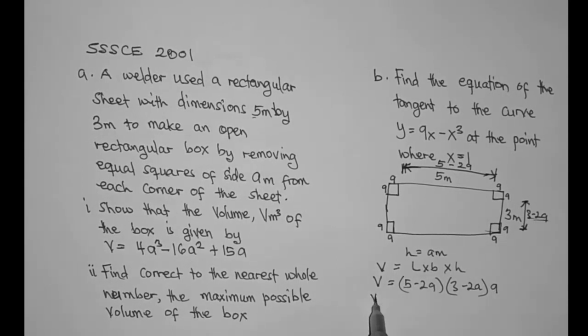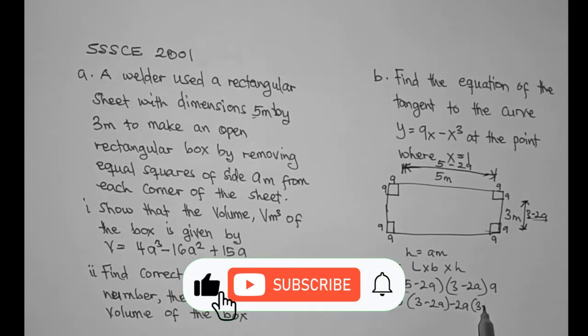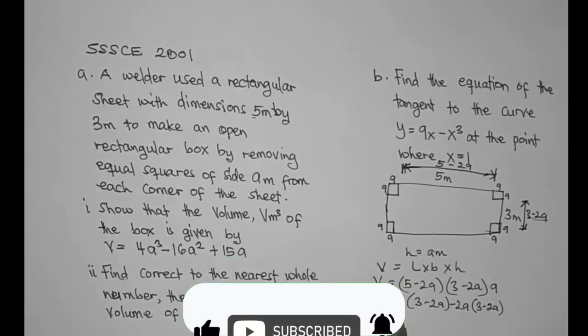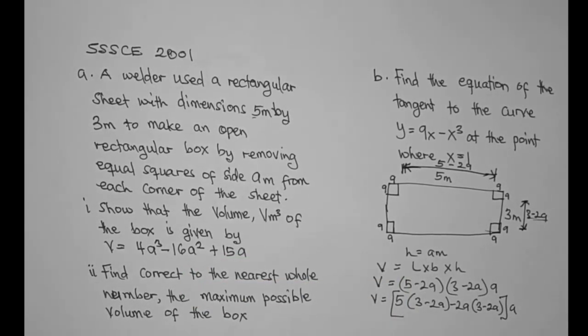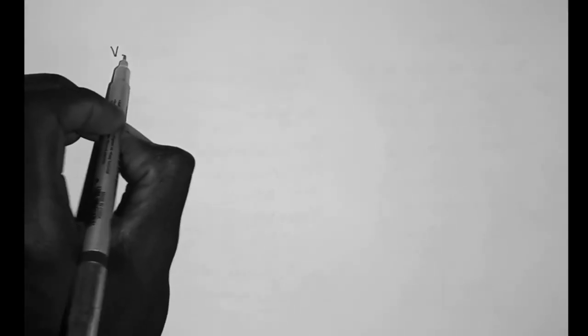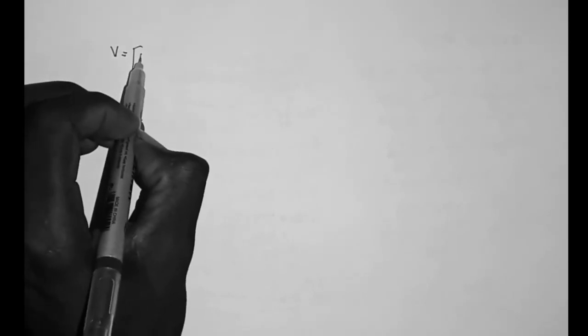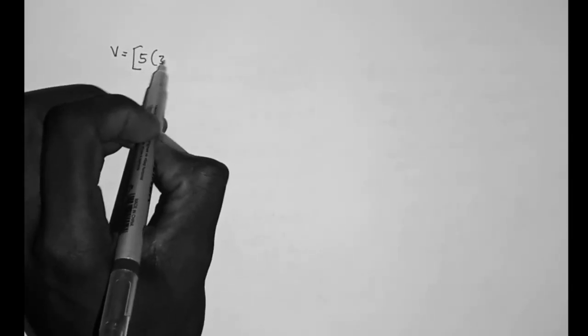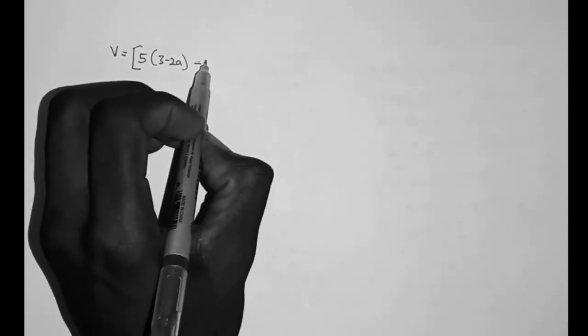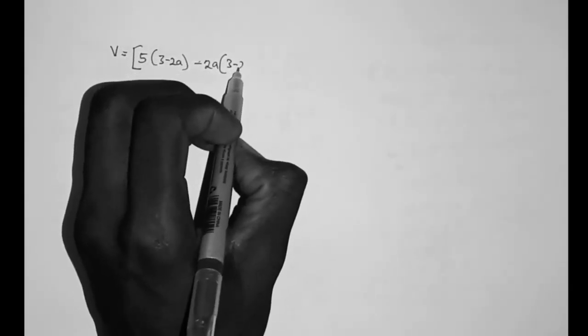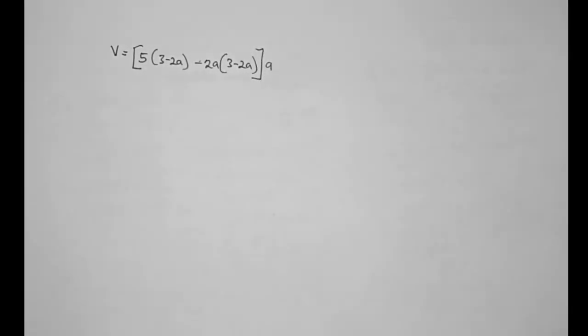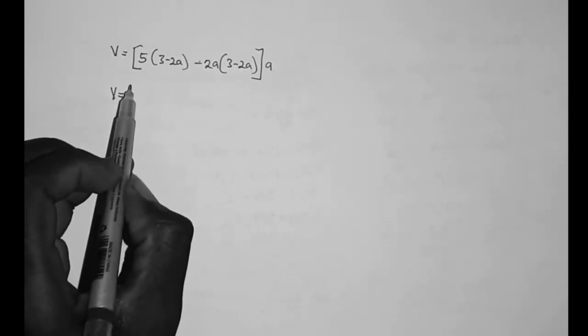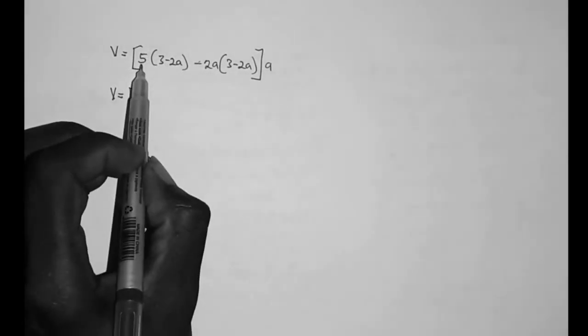So let's then go ahead and solve. V is equal to, we are distributing 5 times 3 minus 2A, then minus 2A times 3 minus 2A, all of this times A. Now what is 5 times 3?